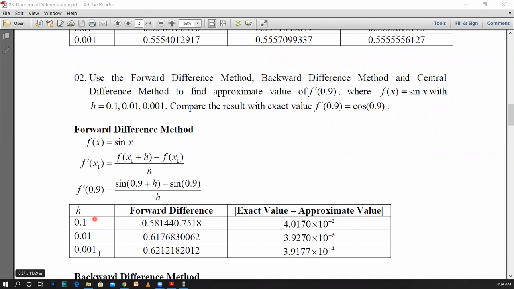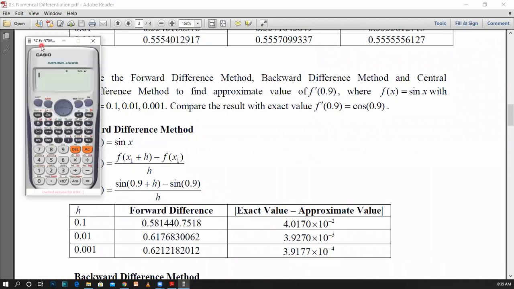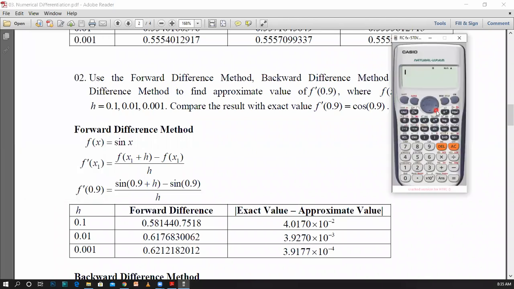Now you can see these are the values of h, and then you have to compare these results with the exact value. Therefore, if you are doing this using the calculator, first of all you have to give this function in the calculator.